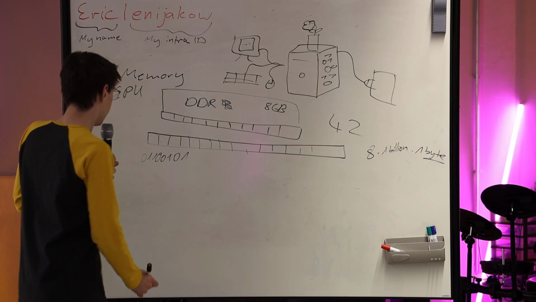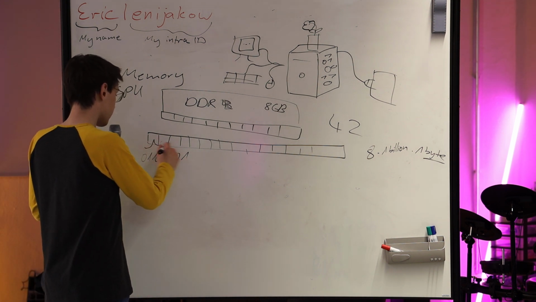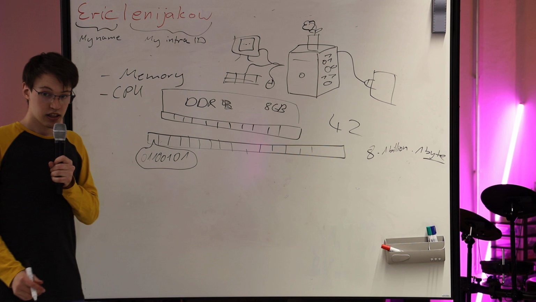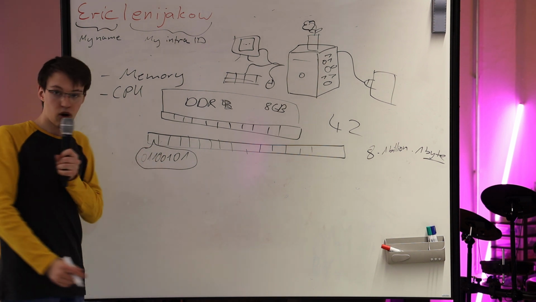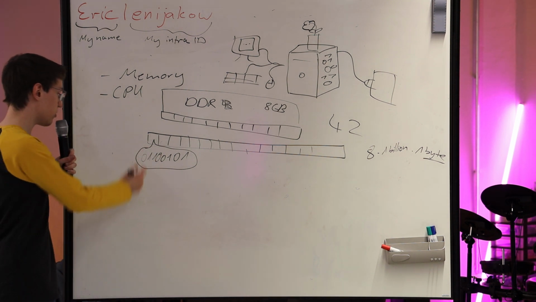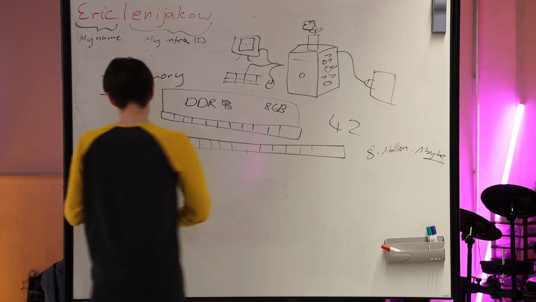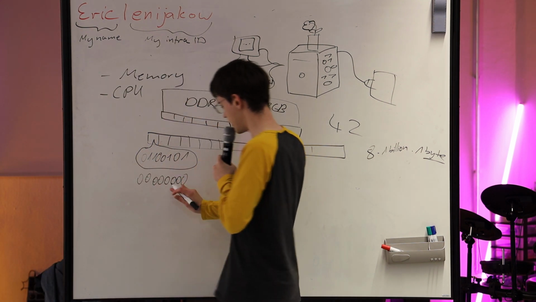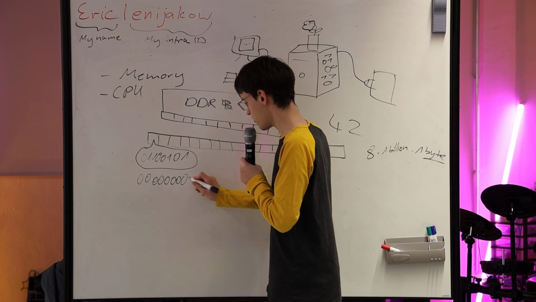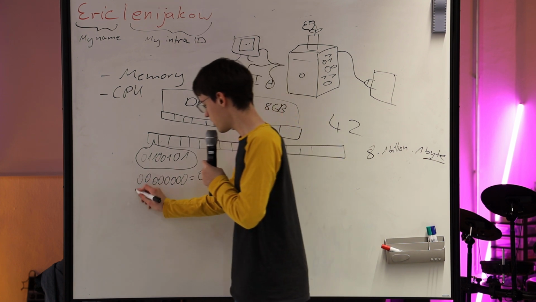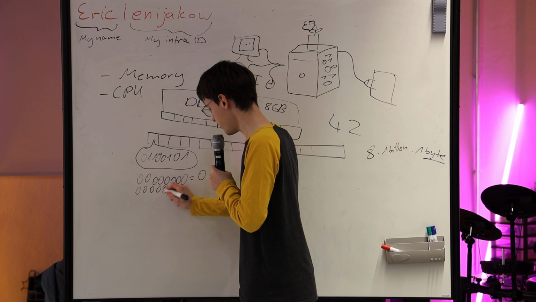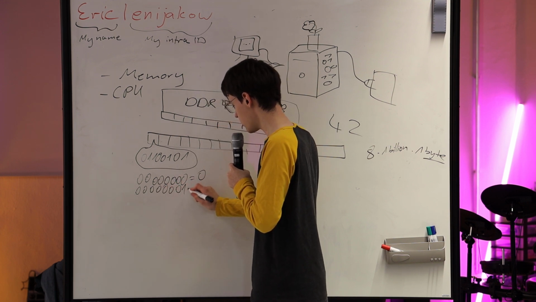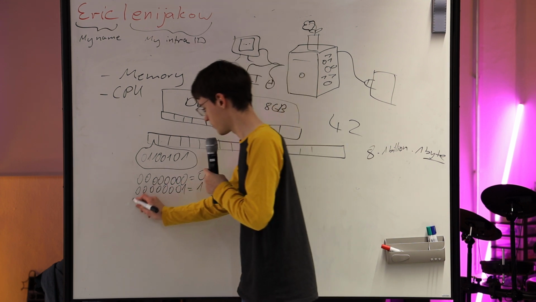And of course, your computer doesn't know that a byte can also represent a number. Your computer only knows zeros and ones. For example, having all bits set to 0 can mean the number 0. Having a 1 here gives you the number 1.